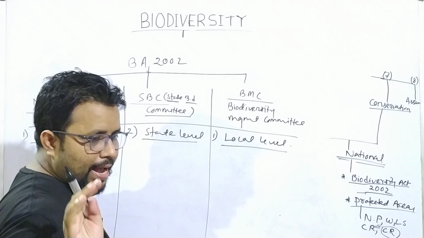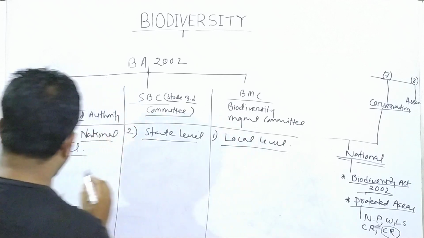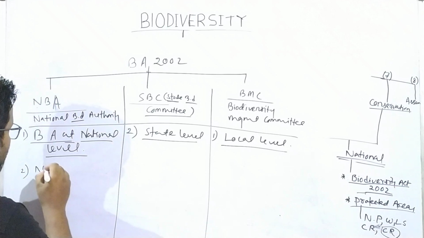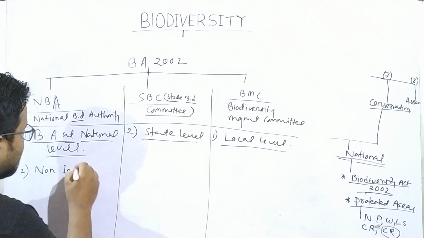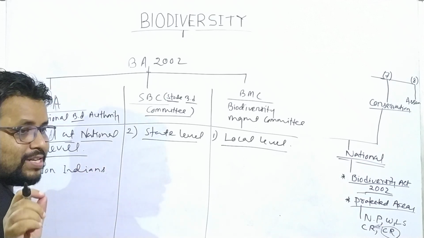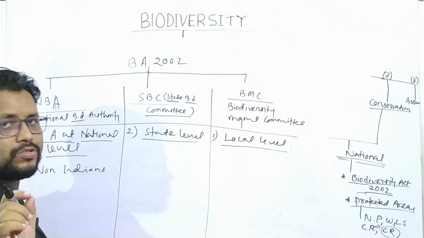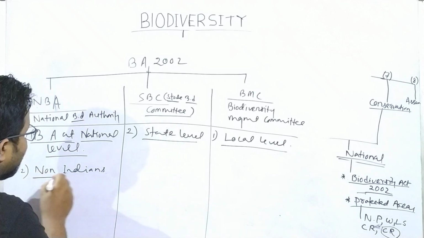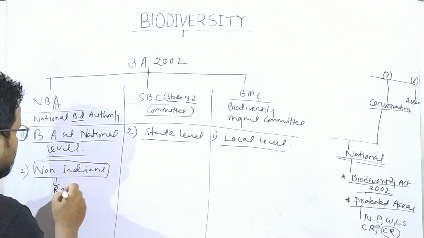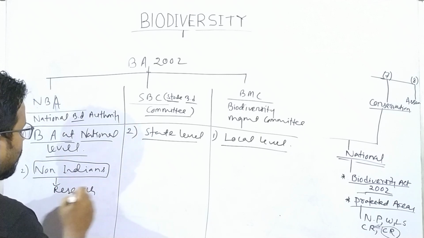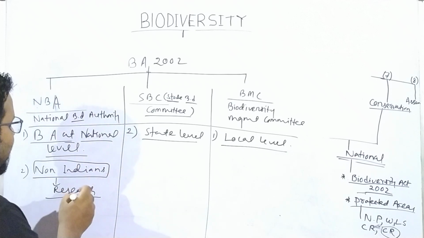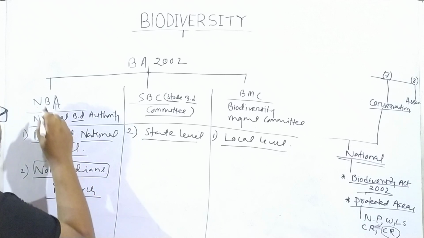Okay. Next, number 2 is what? If someone is a non-Indian researcher, a person who is not Indian and does research, then he has to take permission from NBA.